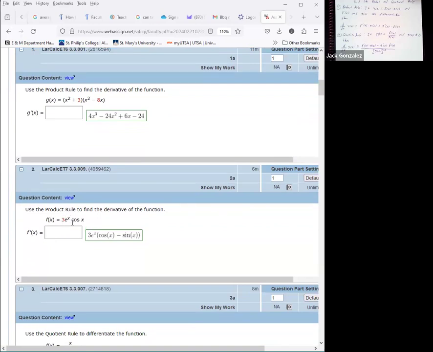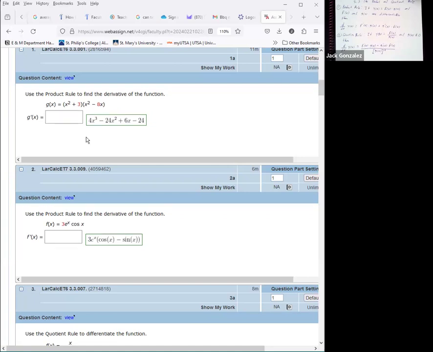Also, if these two functions were super high power, like x squared minus 8x to the seventh power, multiplying that out would be stupid, and you'd have tons and tons of terms. So the product rule would be best.